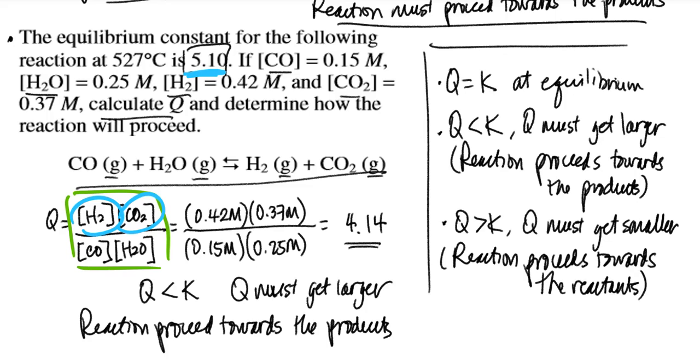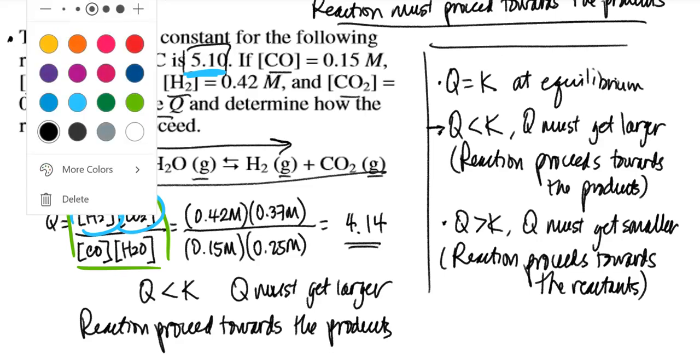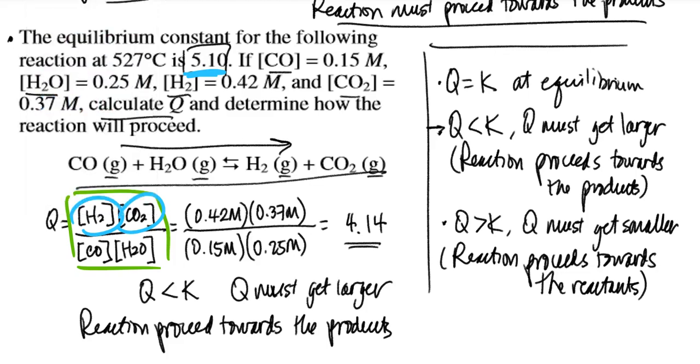Okay, or if I were looking at a reaction equation, if I'm proceeding towards the products, as in the second case here, then basically it would proceed from left to right as we typically write reaction equations. But if the third case is correct and Q must get smaller, then that means the reaction is actually going to proceed backwards from right to left in the direction opposite to what we wrote the reaction equation.